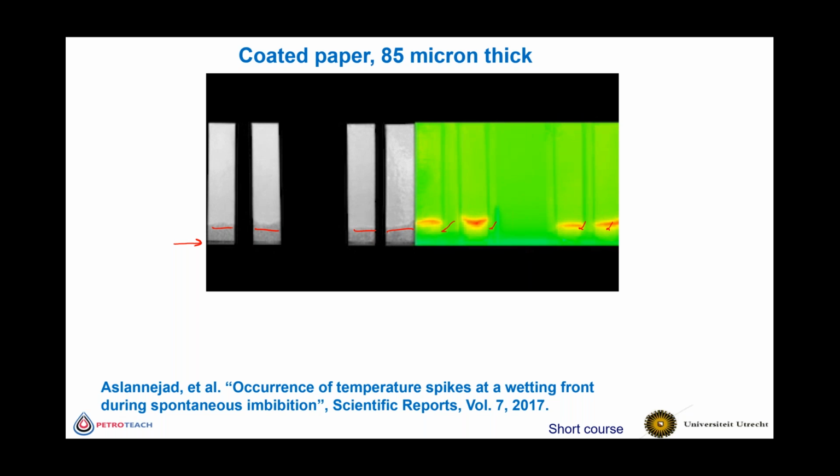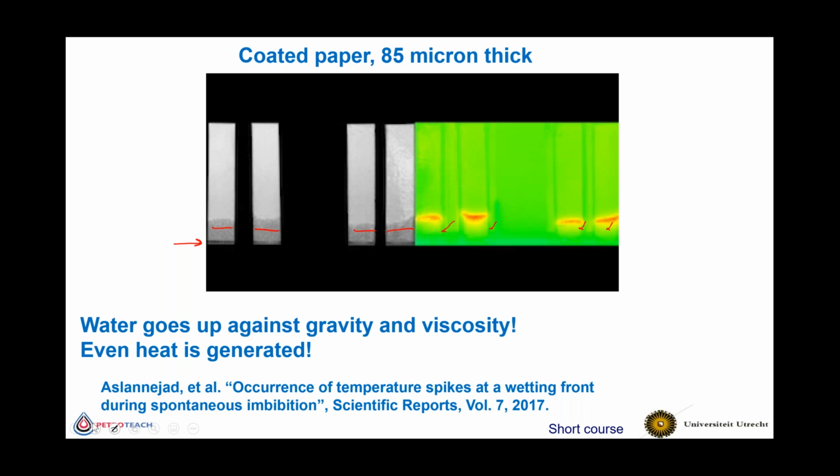And this rise of temperature I show you is 1 degree. It's not small, and you're talking about a very thin piece of paper. It's only 100 micron thick paper, and so this is amazing. The water goes up against gravity, against viscous forces, and also it produces heat.